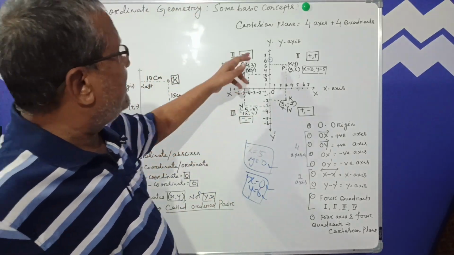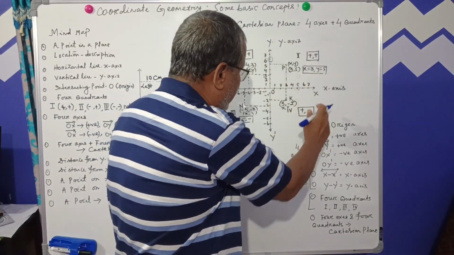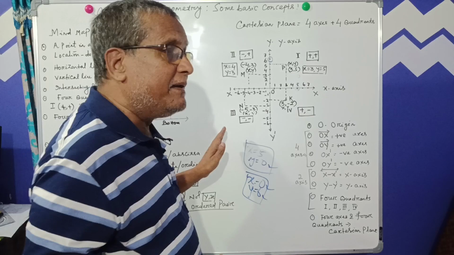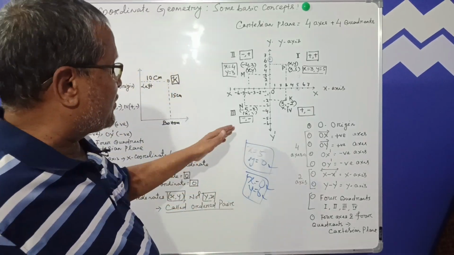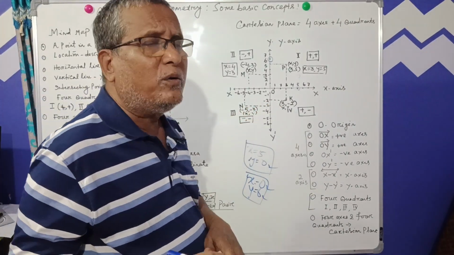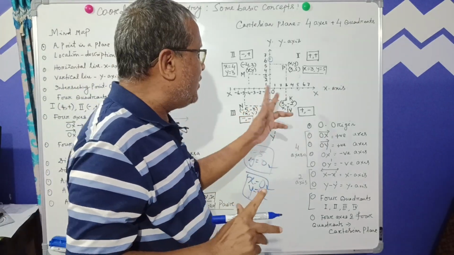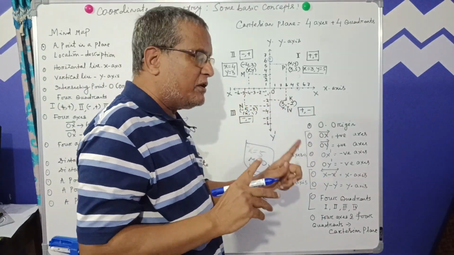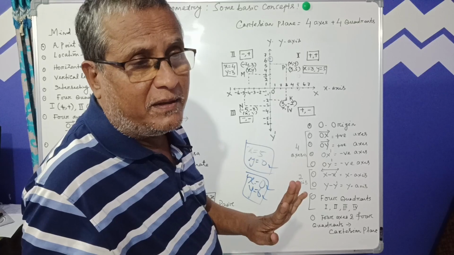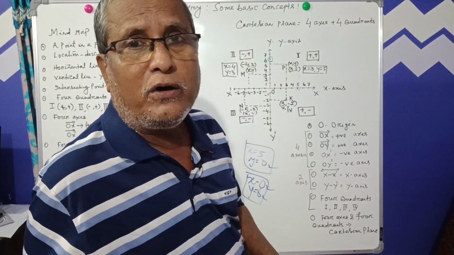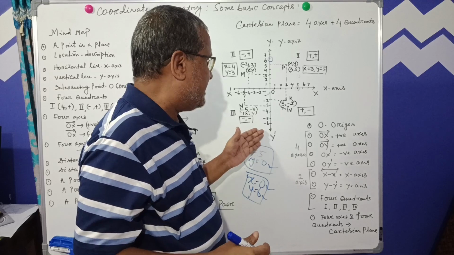This plane is called the Cartesian plane, otherwise the xy plane or coordinate plane. Co means two ordinates, that is x ordinate and y ordinate.